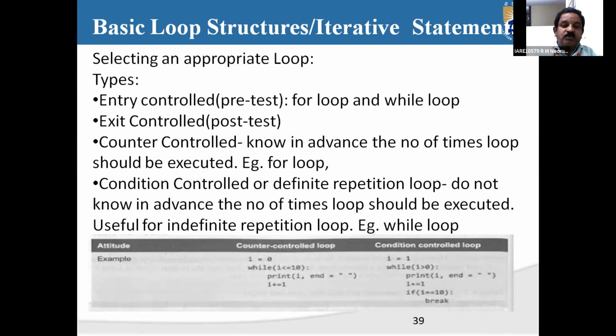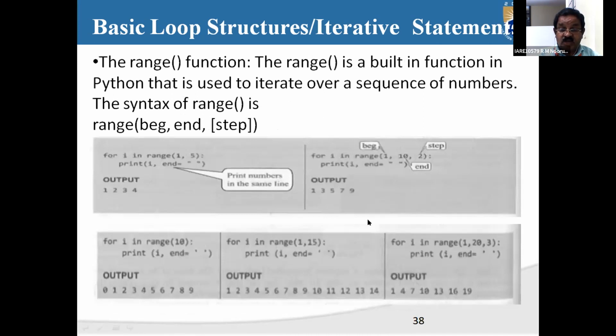Examples in Python programming that come under this entry controlled or pre-test control loop are the for loop and the while loop. Here the for loop also comes under this one. Why? Because, as we have mentioned, if you give 1 comma 20 minus 3, it is not valid.